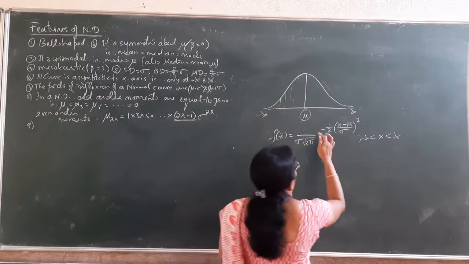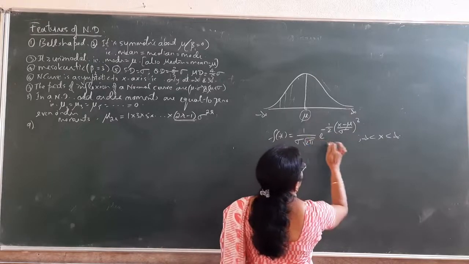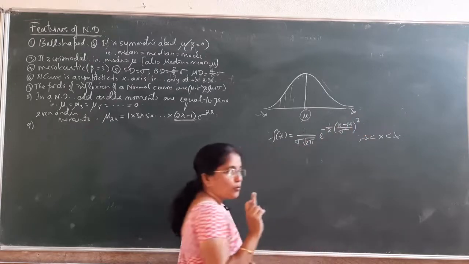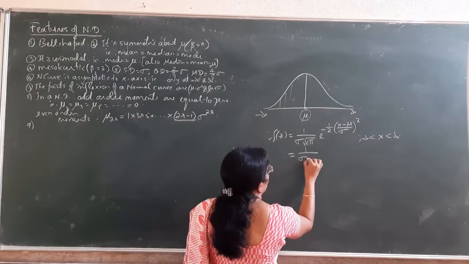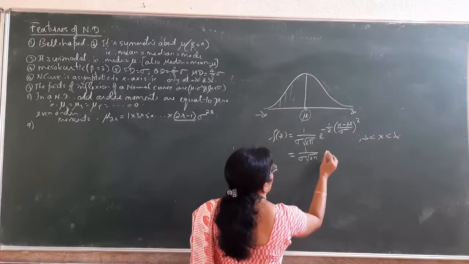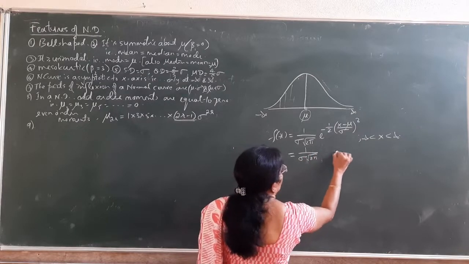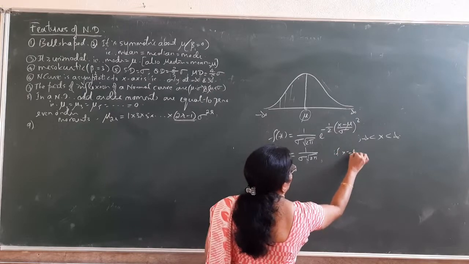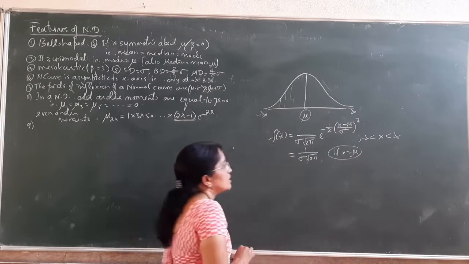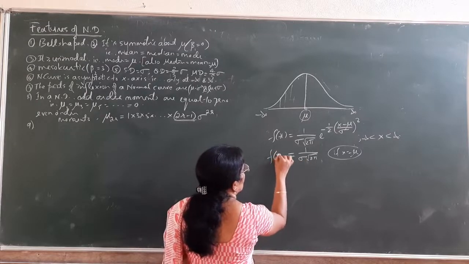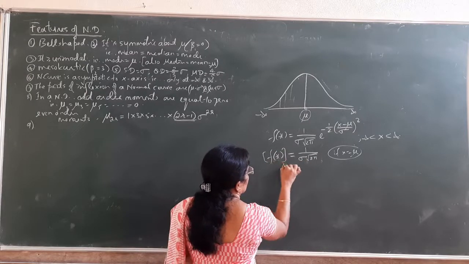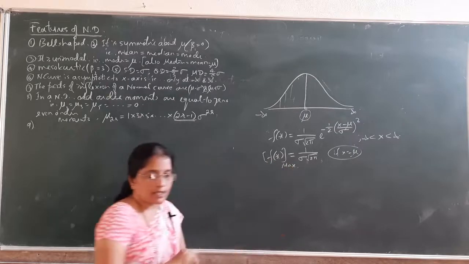So, if x is equal to mu, this term becomes 1, and we can write 1 by sigma root 2 pi when we substitute x is equal to mu. Therefore, we can say this is the maximum probability.